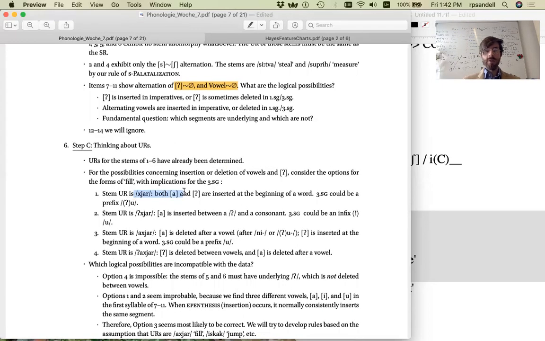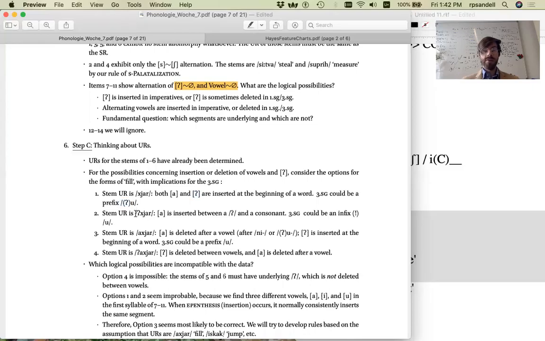So if we assume that both sounds are underlying, then we would require processes that insert both a vowel a and a glottal stop at the left edge of the word. And for the third singular, we would need a prefix u, and maybe the same process that inserts a glottal stop at the beginning of a word in the imperative also inserts a glottal stop in the third singular.